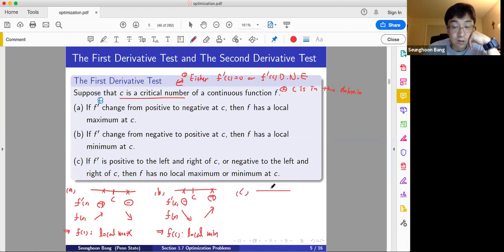The third case is f prime of x positive on both sides, or negative on both sides. So f of c is not a local maximum and not a local minimum.